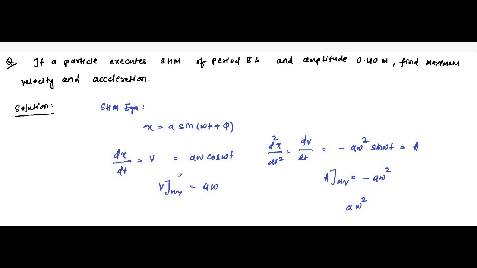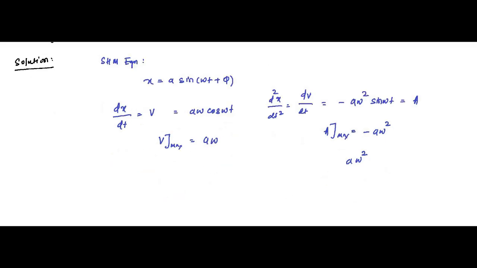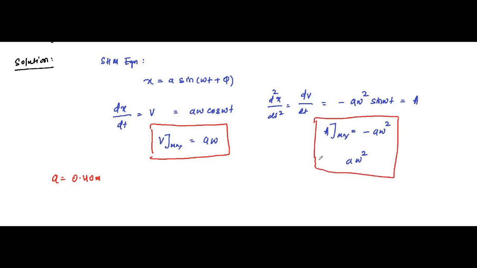So here we have information related to the amplitude a, which is equal to 0.40 meters. But from these two equations, for the maximum value of velocity and acceleration, we need the angular frequency omega. So that we will determine from the time period. Given the time period is equal to 8 seconds.